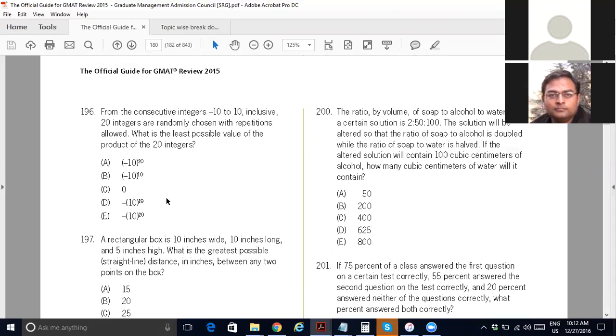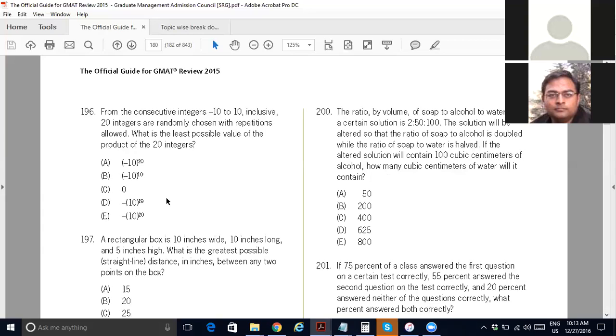So how many integers are given to us? From the consecutive integers, -10 to 10. So 0 to 10 and -10 to -1. 0 to 10 will be 11 integers.